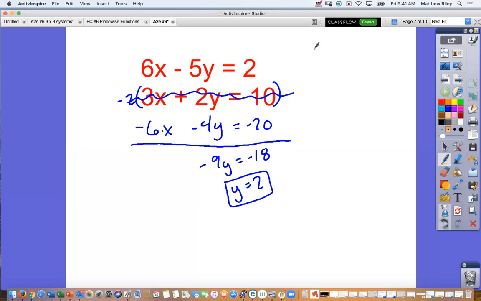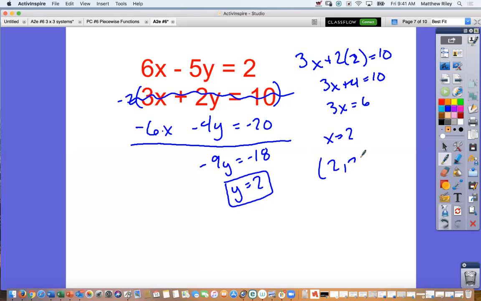I'll plug it into the bottom just to show you. 3x plus 2 times 2 equals 10. Subtract 4, and x is 2. That's your final answer. Any questions?